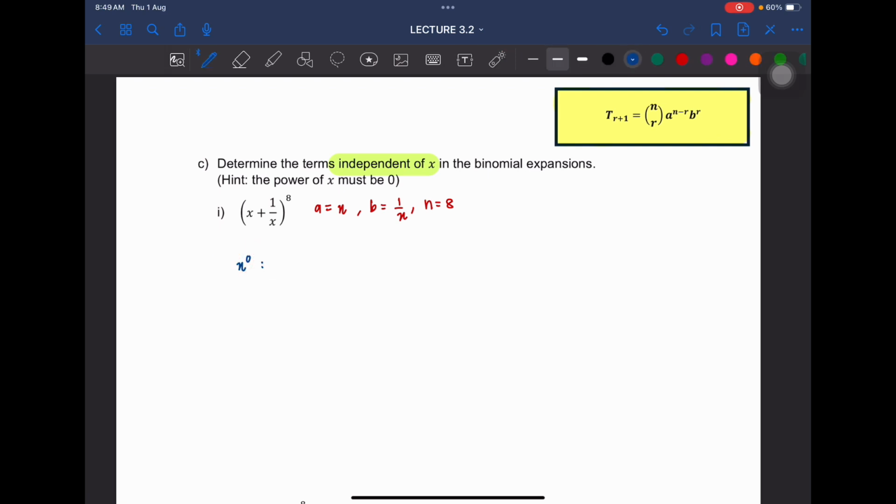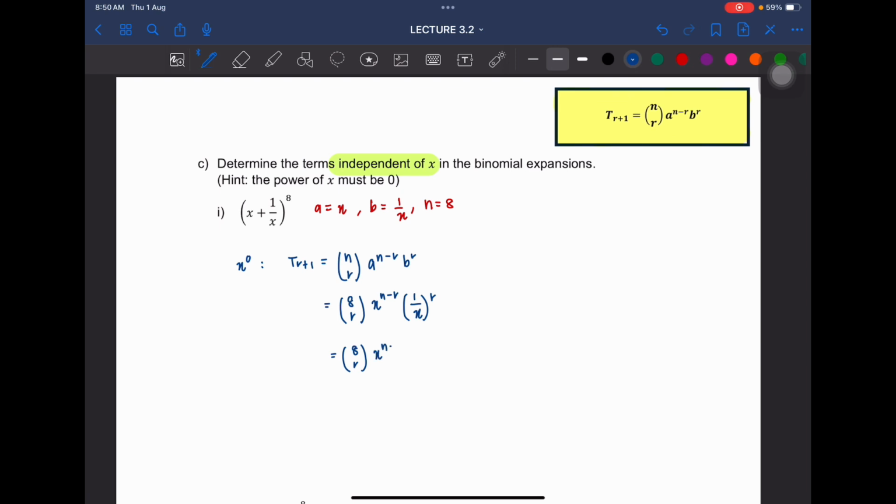Okay, so same as before. First of all, I just need to write my formula. So we have a to the power of n minus r, b to the power of r. So we insert the info that we know, which is we know our n, and we know our x, and then we know our b. Okay, so we can simplify it.